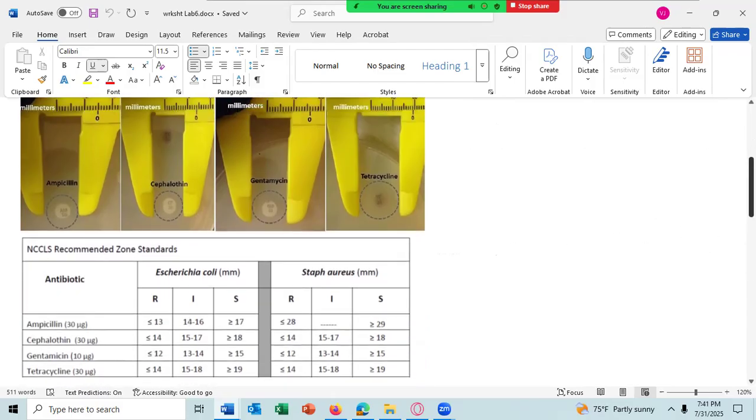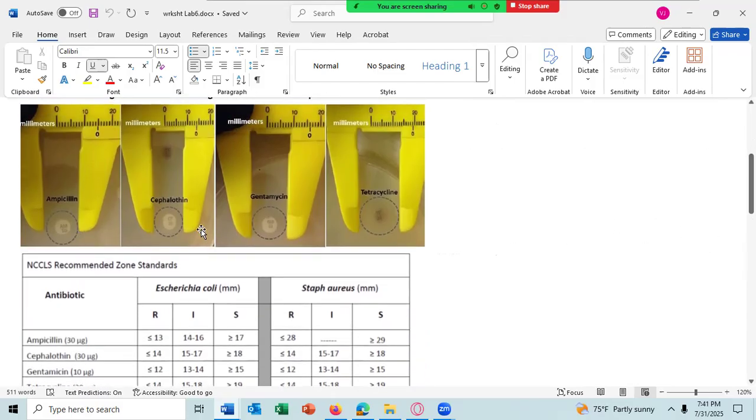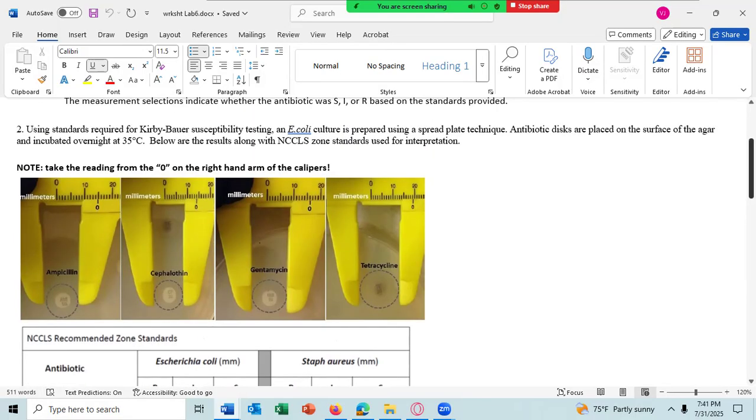So here is ampicillin, cephalosporin, gentamicin, tetracycline. And these are the zone standards for E. coli and Staphylococcus aureus. We only have E. coli. As it's stated, it's E. coli.